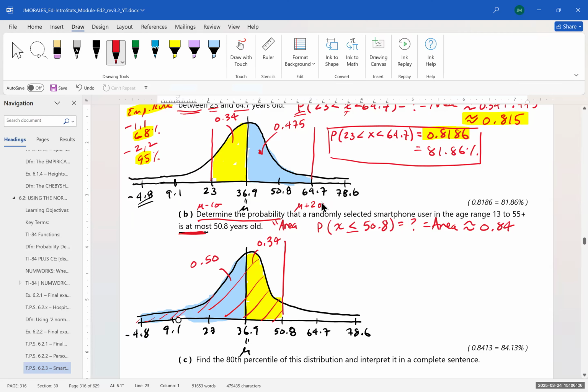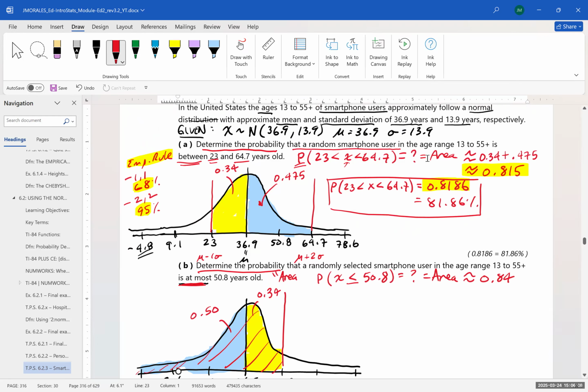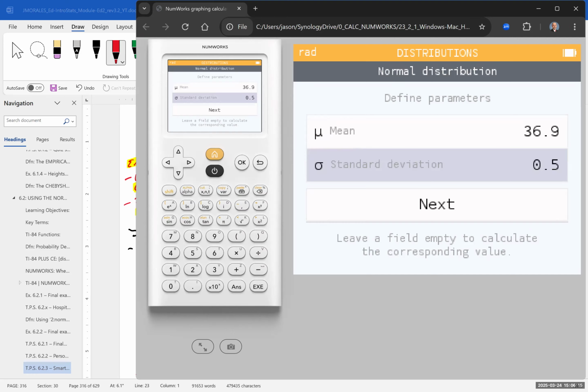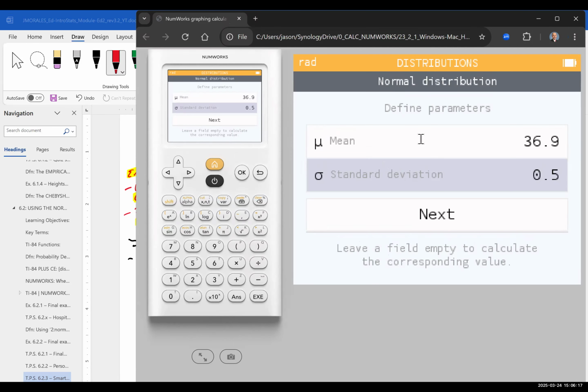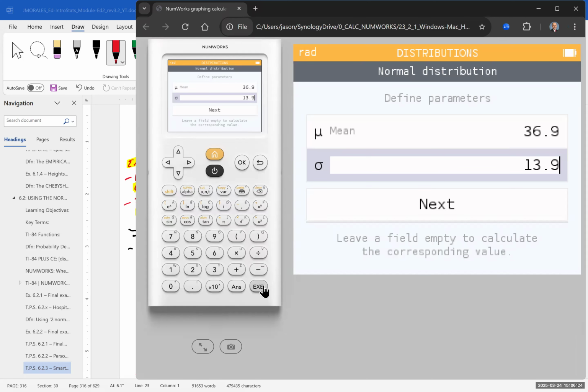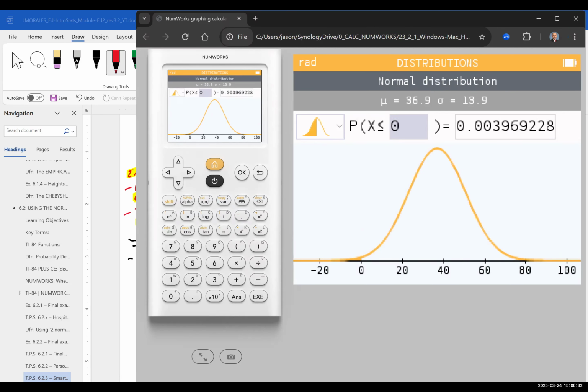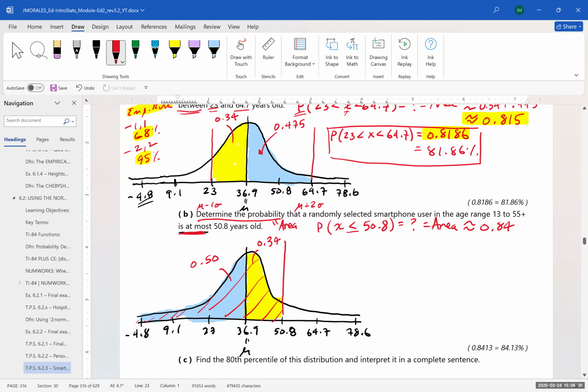So 36.9 for the mean, and 13.9 for the standard deviation. And we want the area to the left of 50.8.